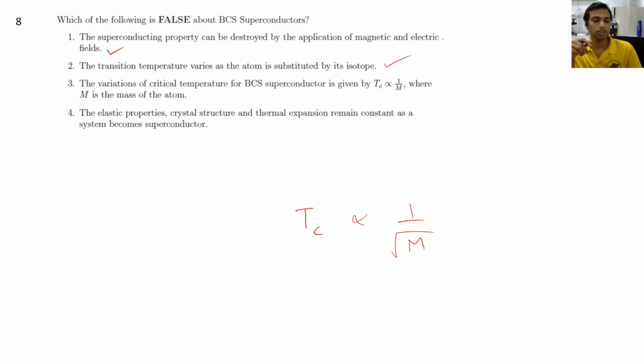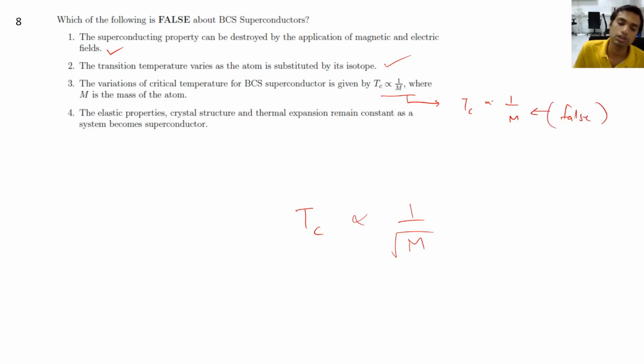The variation of the critical temperature for a BCS superconductor is given by Tc inversely proportional to 1 over m, which is false. The correct one is that it falls as 1 over root m.